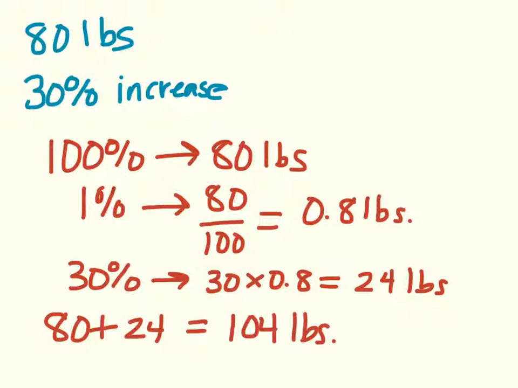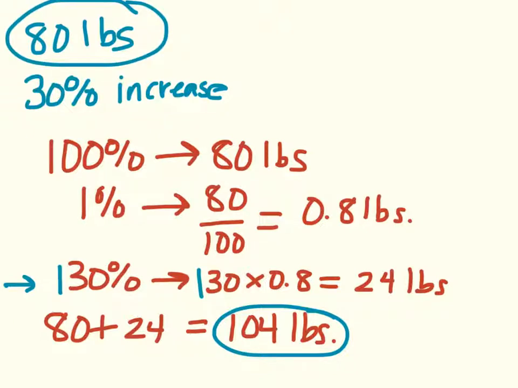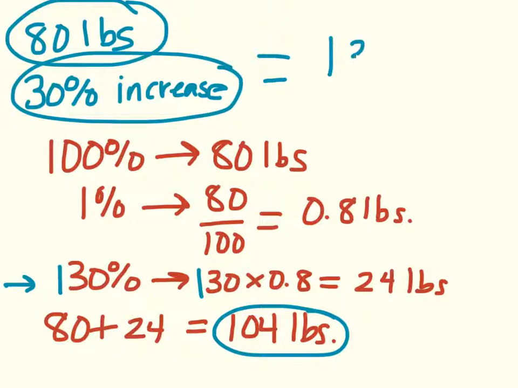Here, once again, you can see that if you wish to do so, you could actually multiply in this step right here. You could multiply 130 times 0.8 to get 104. Because really what you're figuring out is if the starting weight is 80 pounds and it increases by 30%, the weight that you're calculating is 130% of the original weight, or the 80 pounds.